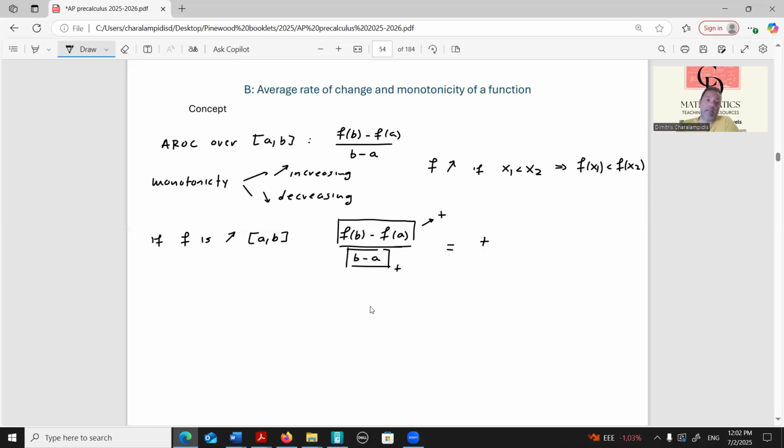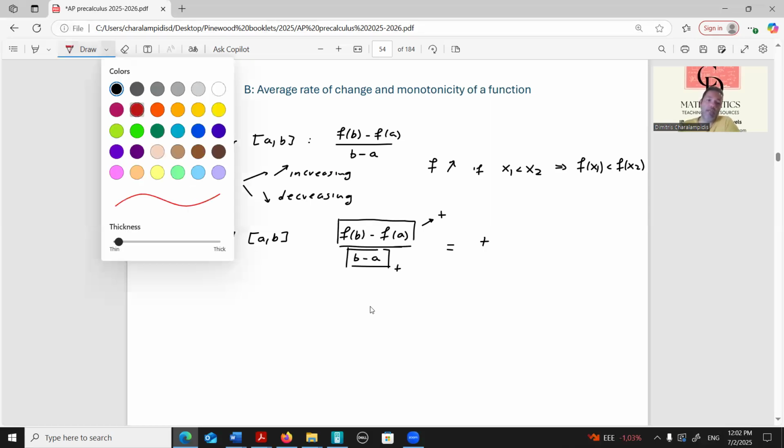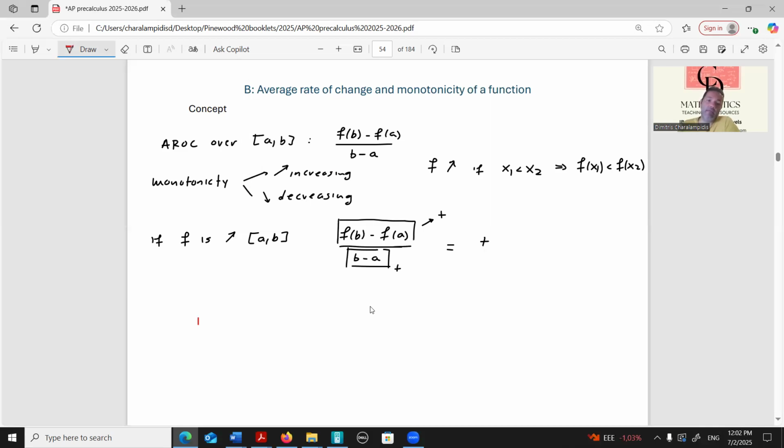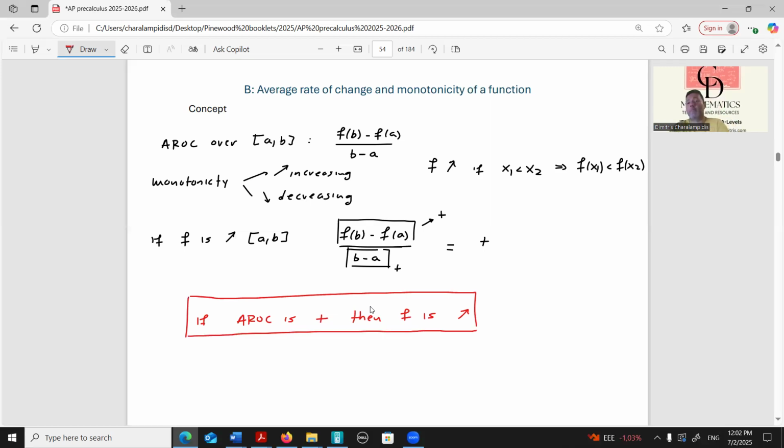So the first connection that we could make is that if the average rate of change is positive, then f is increasing. Similarly, in the AP Precalculus, we will never be asked to prove anything, so there's no point in trying to derive this proof yourselves.